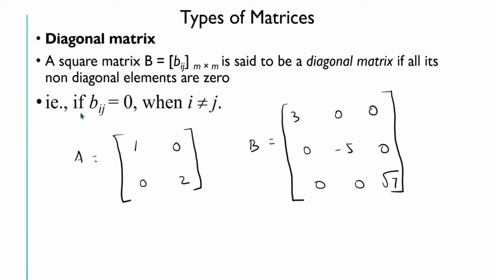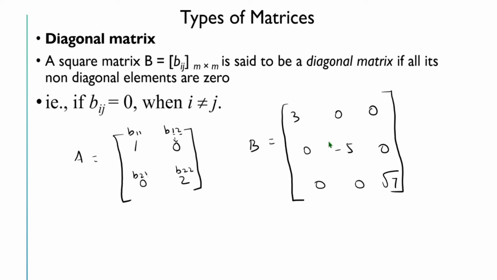That is, if Bij is equal to 0 when i is not equal to j. This element is B11. This element is B12. Here 1 is not equal to 2, so this is 0. This element is B21. Here 2 is not equal to 1, so this is 0. And this is B22. Only B11 and B22 are not 0. The other elements are 0.